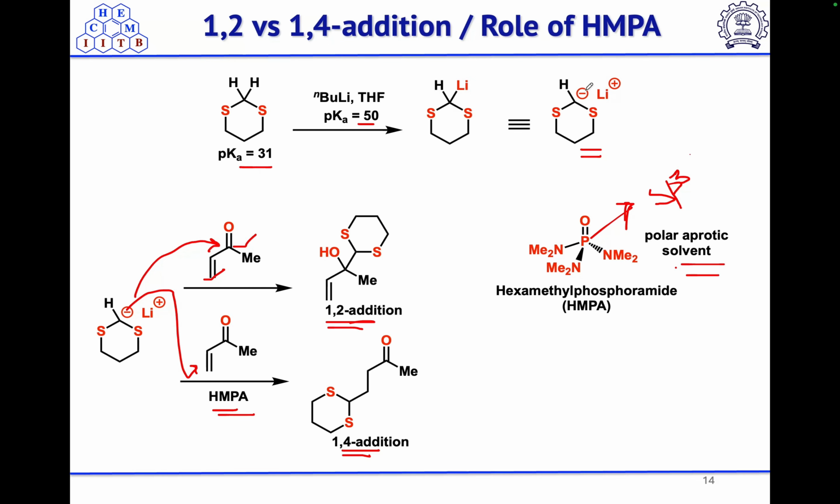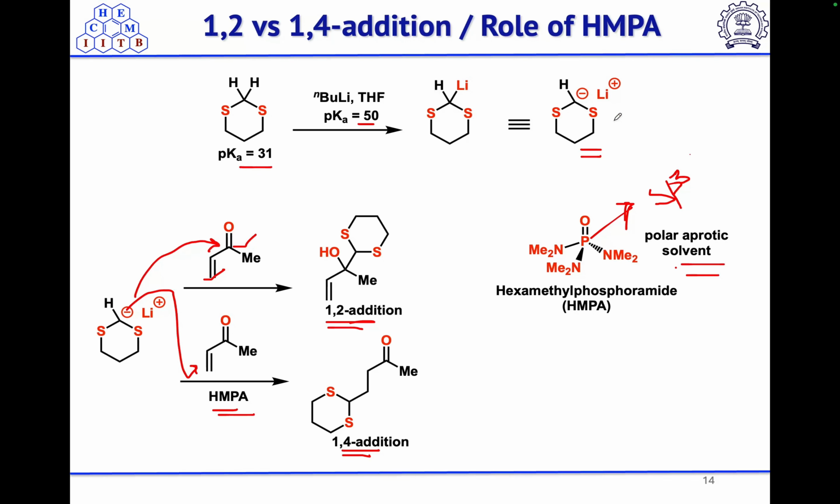If you don't separate this cation and anion, then normally this 1,2 addition will happen. Now if you separate this carbanion and lithium plus, then the nucleophilicity of this carbanion will increase. At that time it will undergo 1,4 addition.